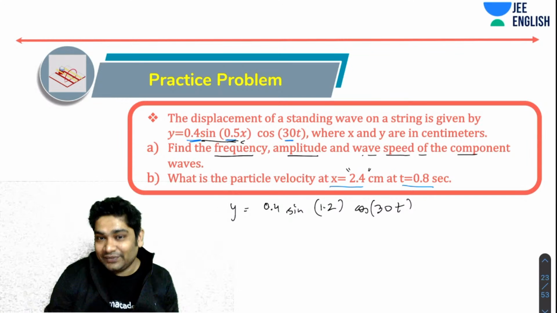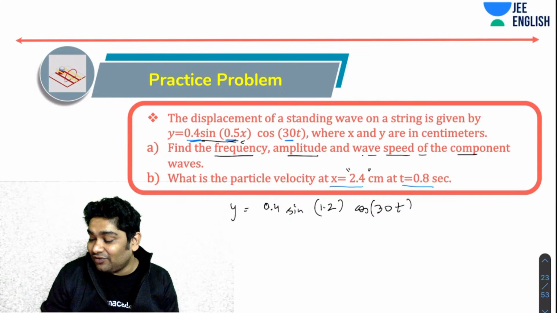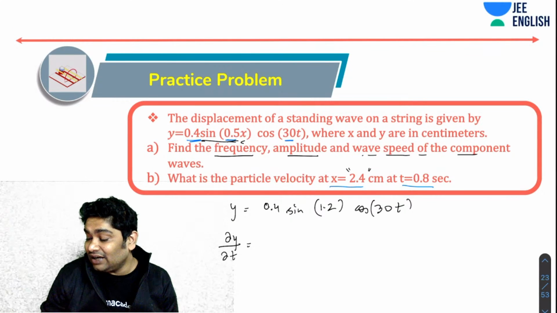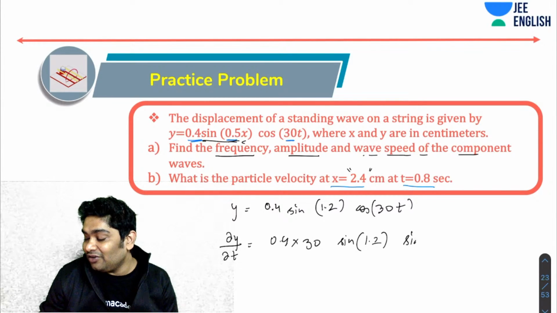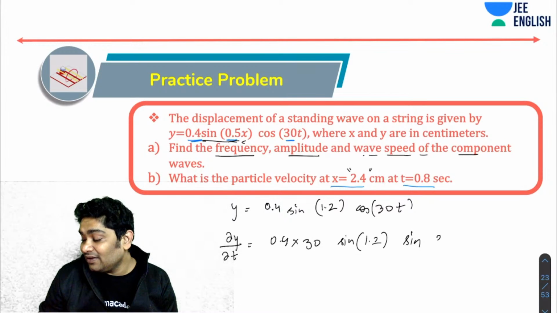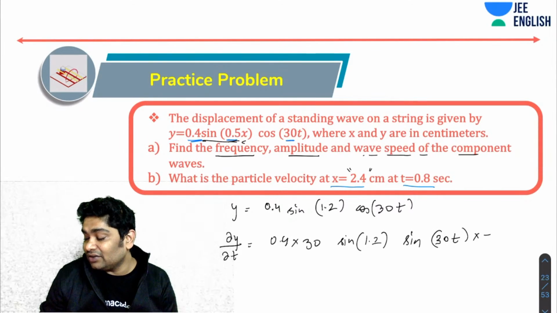Okay. So you realize for finding the velocity, all I need to find is dy by dt. So that will be 0.4 into 30 sine of 1.2 sine of 30t with a minus sign.